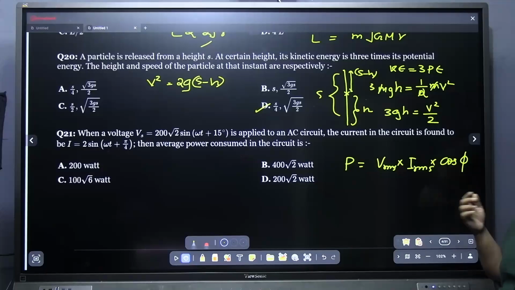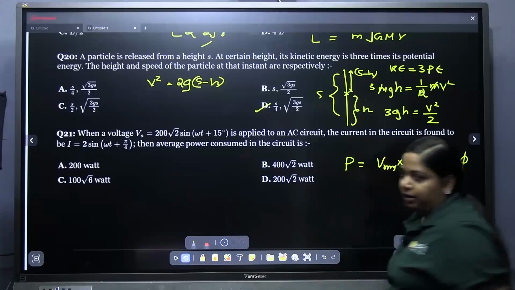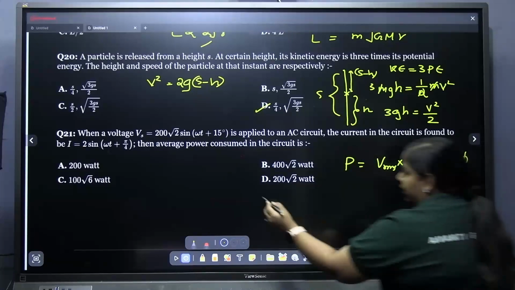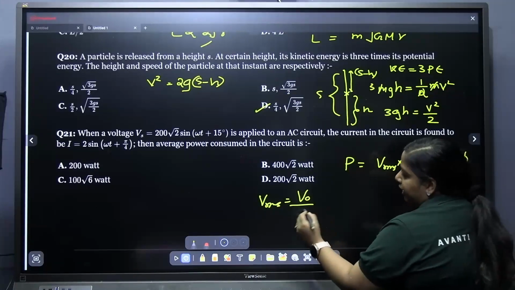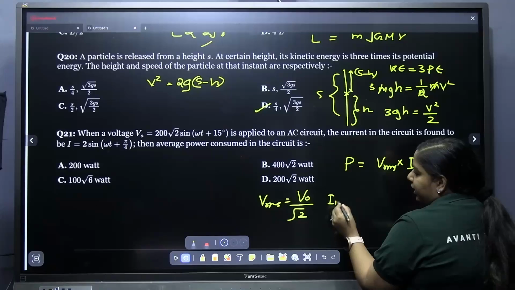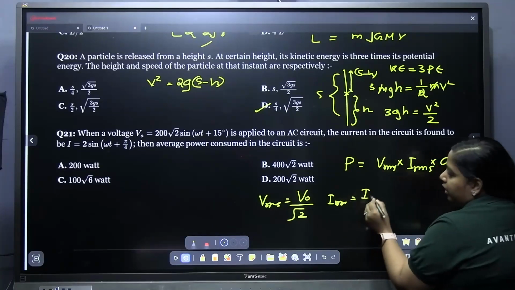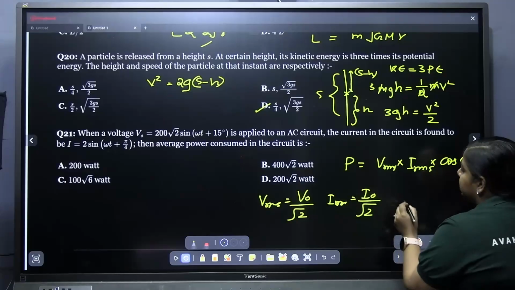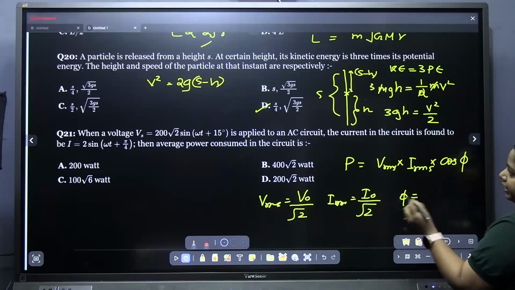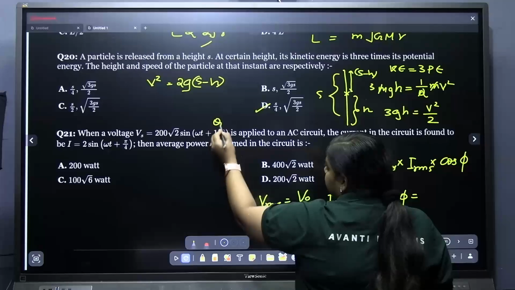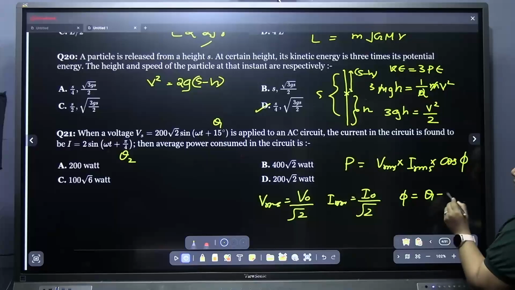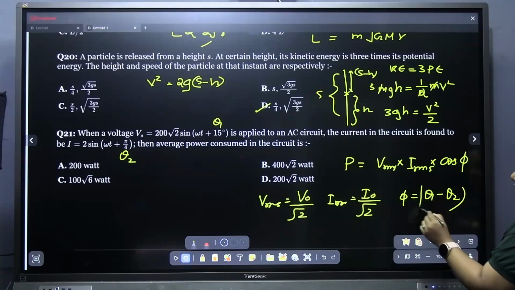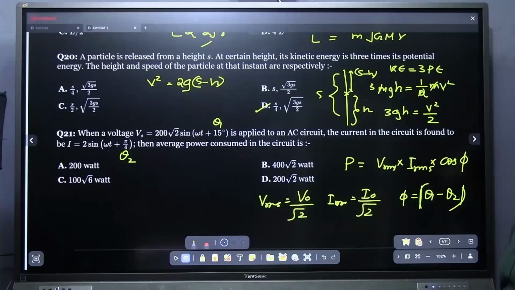What is phi? It is the phase difference between voltage and current. Vrms is equal to V naught, the peak value, divided by root 2. Irms is equal to I naught, the peak value, by root 2. Then, let's say this is theta 1 and this is theta 2, phi is nothing but theta 1 minus theta 2 or theta 2 minus theta 1, mod value.